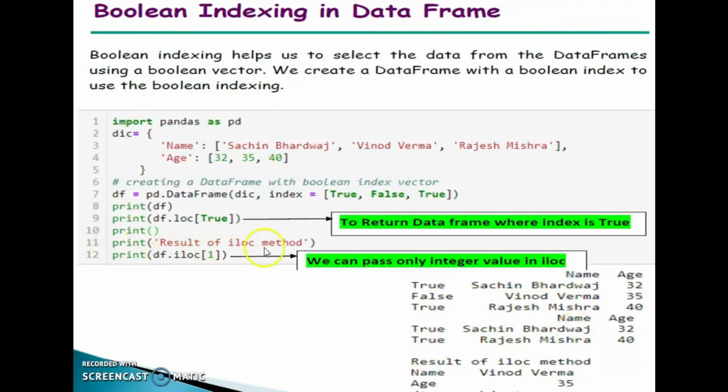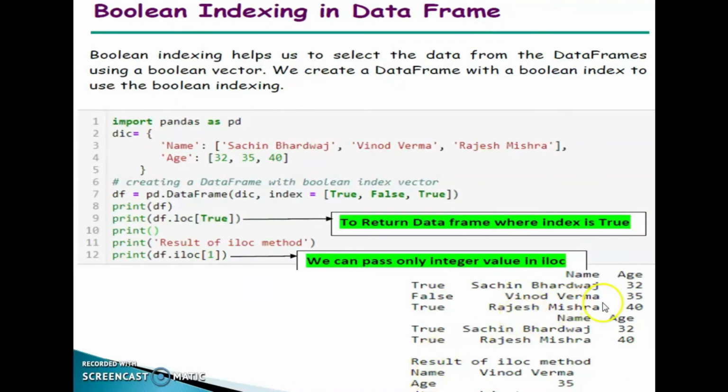Then print the result of the iloc method. Print df.iloc[1]. We can pass only an integer value in iloc, that is integer location. That is, index positions we can specify, that is 0, 1, 2. Here 1, that is the second one, false.